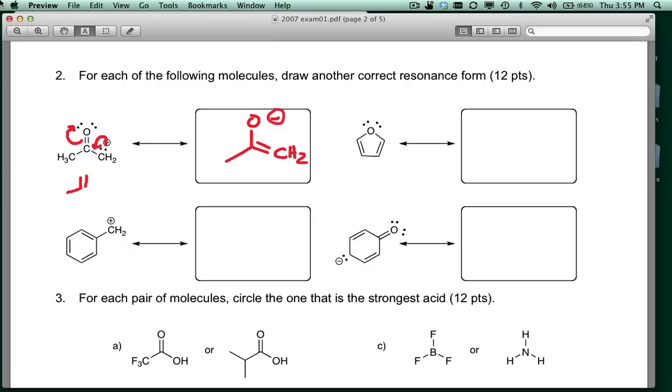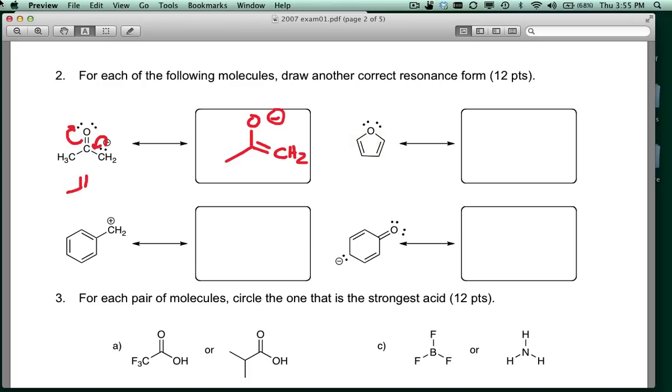This is a molecule which we call furan. Notice there are two double bonds in this molecule, and lone pairs which are next to them. So those lone pairs, or at least one of them, can be in the same alignment as the p orbitals of these double bonds. So you could draw resonance forms for this.